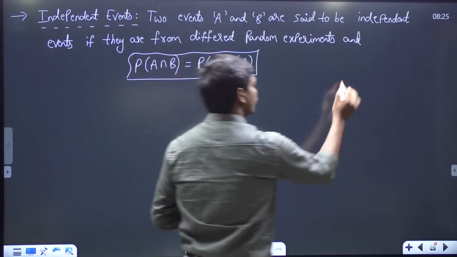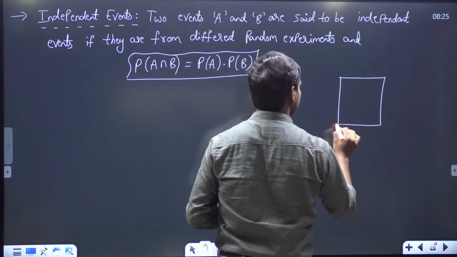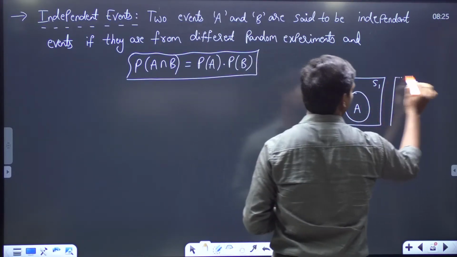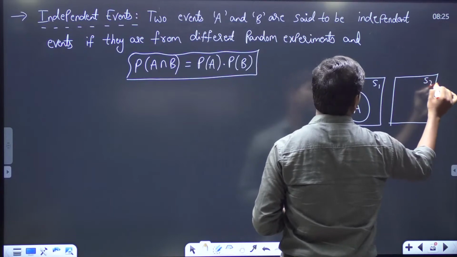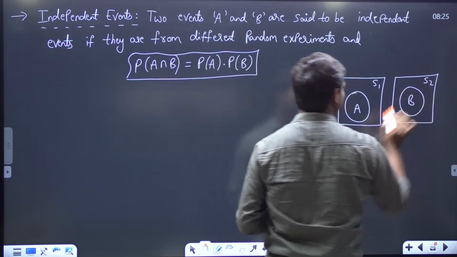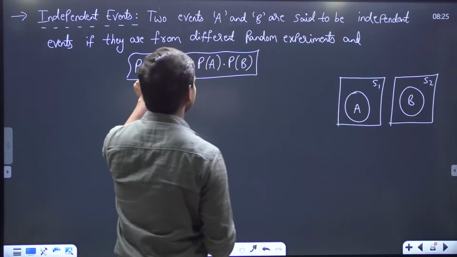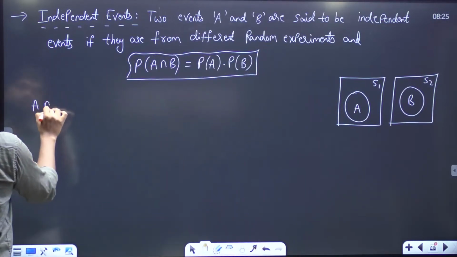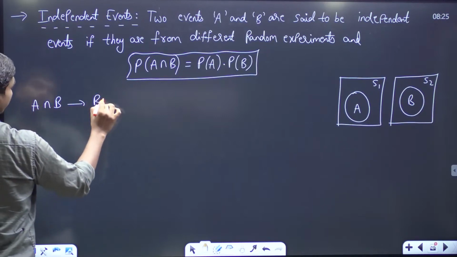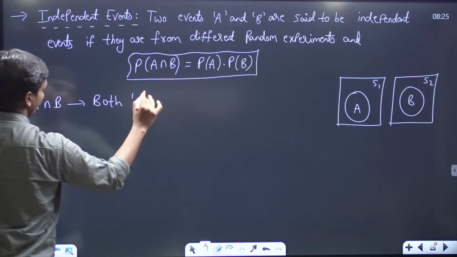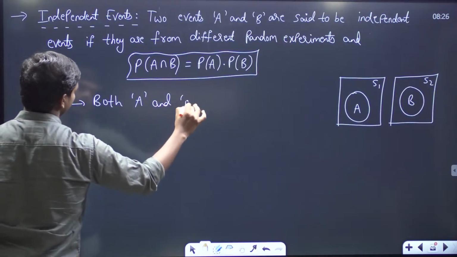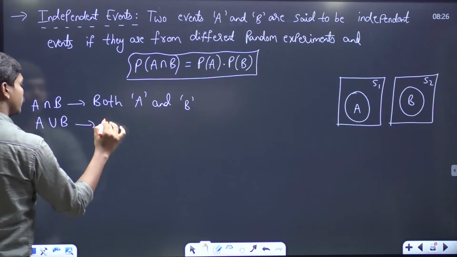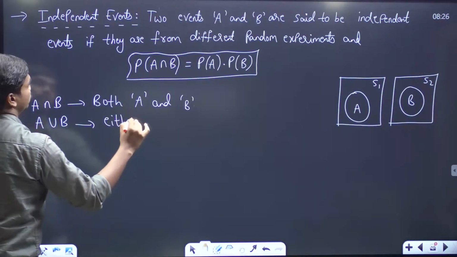For example, if you have two sample spaces, S1 where you have an event A, and S2 where you have an event B. Now, if I want the probability of both A and B happening, A intersection B means both A and B, and A union B means either A or B.